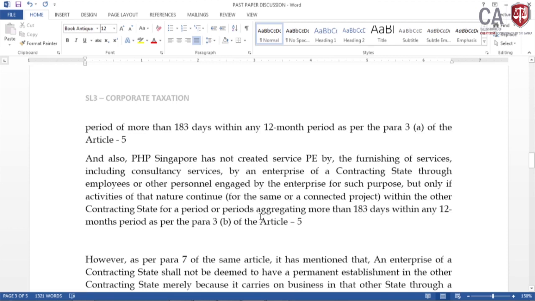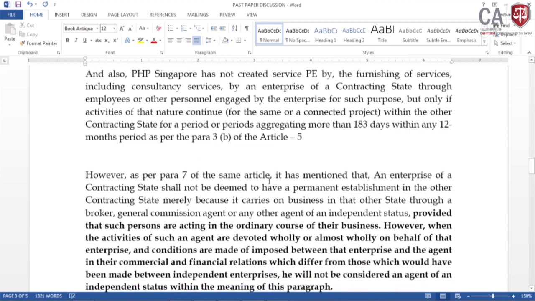More than 183 days within a 12 month period, again as per paragraph 3 subparagraph B of Article 5. Up to now there is nothing, but we need to look further.